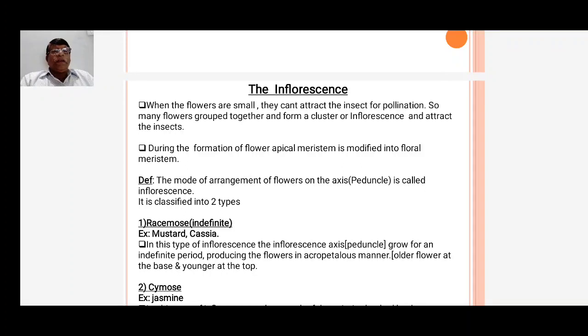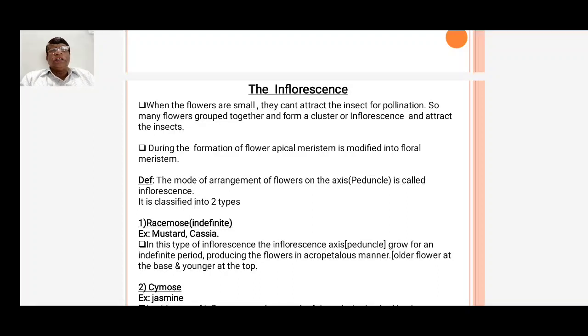Okay. Then, what is inflorescence? How to define inflorescence? The inflorescence may be defined as the mode of arrangement or the pattern of arrangement of flowers on the axis or the peduncle.